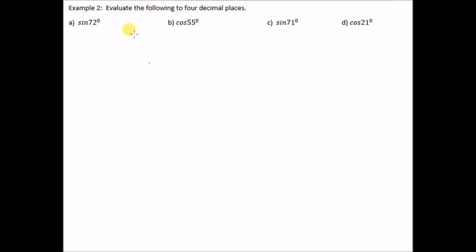Now evaluate the following to 4 decimal places. Sine 72. All you want to do is put that straight into your calculator, and we get 0.9511. Cos 55, try that in the calculator, 0.5736. And all we're doing is finding the sine ratio of the angle 72, the cos ratio of the angle 55.